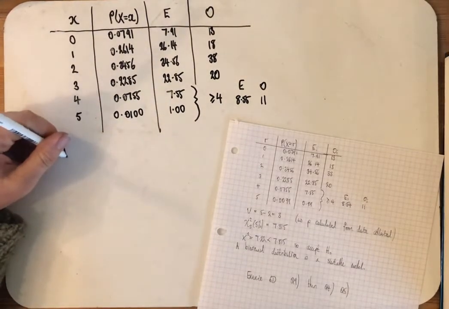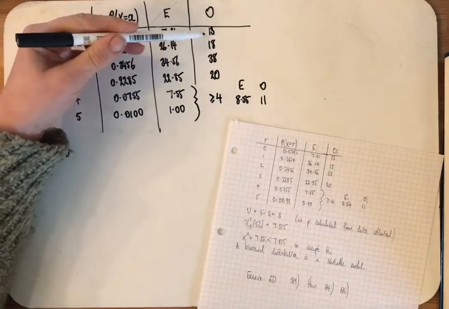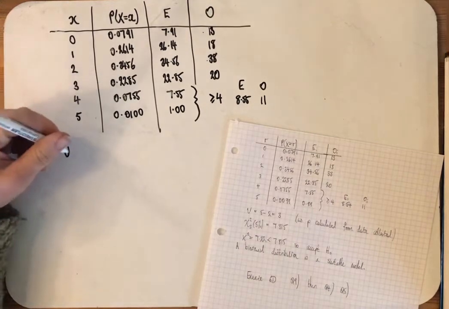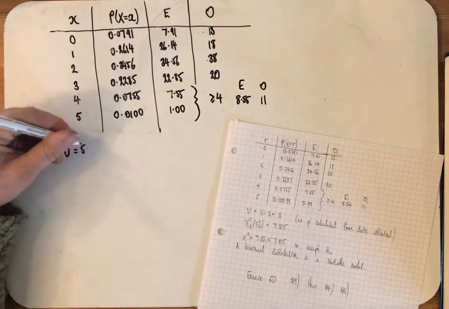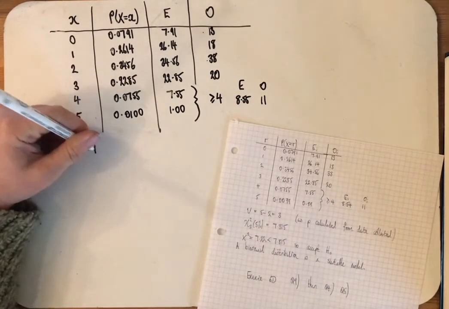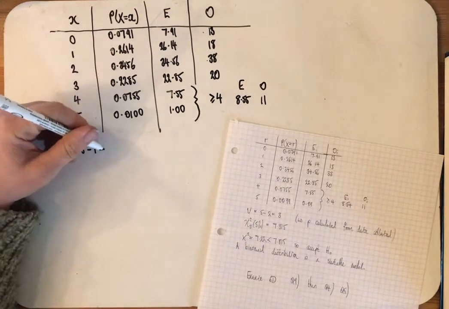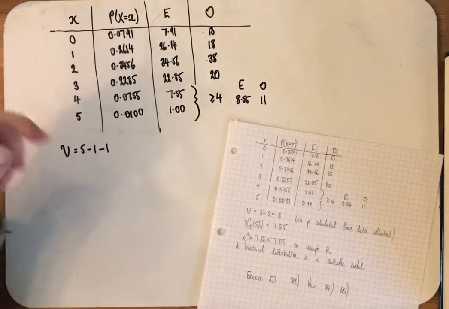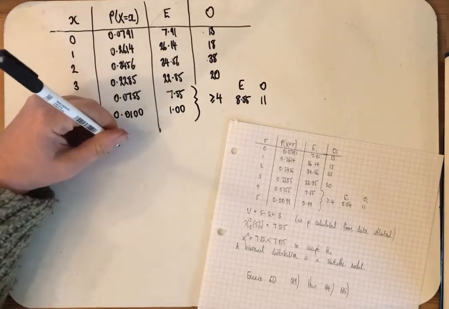Degrees of freedom. So we've ended up with 1, 2, 3, 4, 5 rows, and we need to take off 1 for the total of 100 and 1 because we estimated p from the table. If you were given p, you wouldn't take this one off.